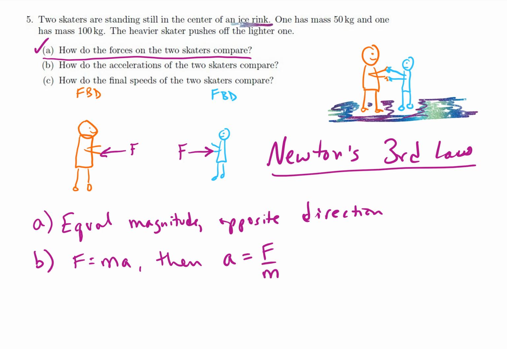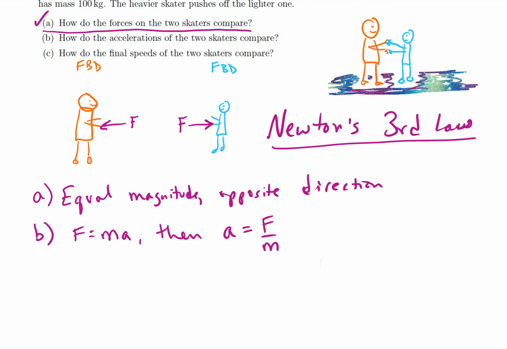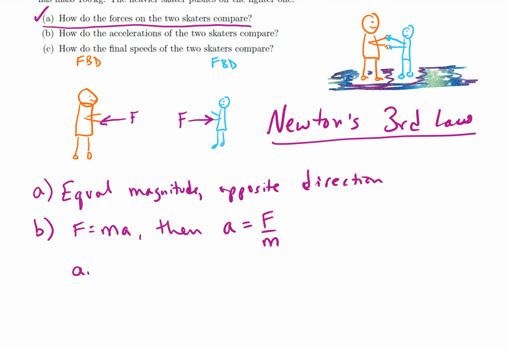And so if the forces are the same but the masses are different, then the accelerations must also be different. So the acceleration of the 100 kilogram skater equals the force over 100 kilograms, and the acceleration of the 50 kilogram skater equals the force over 50 kilograms.